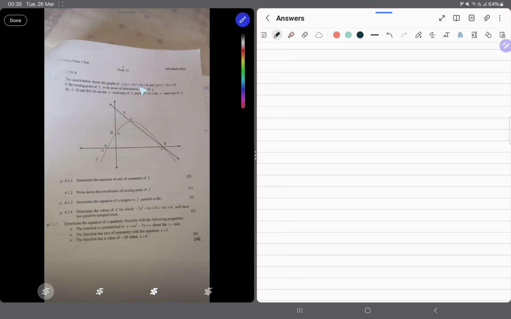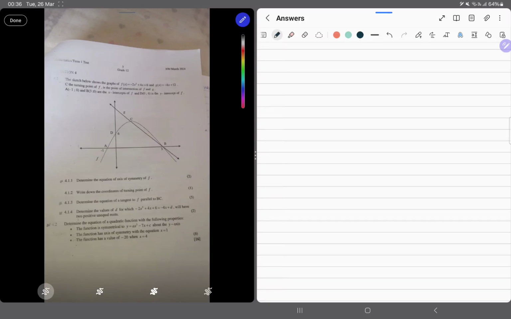The middle term is positive and the first term is negative. Knowing the formula minus b over 2a, our axis of symmetry will have a positive x value. And we can see that the y-intercept is 6, at point D. So this is a perfect sketch for our graph of f.